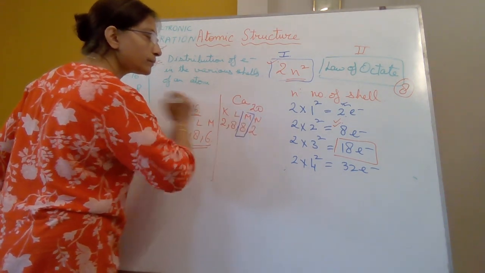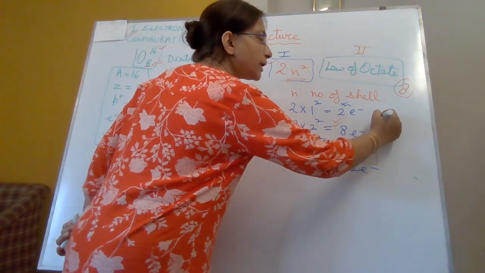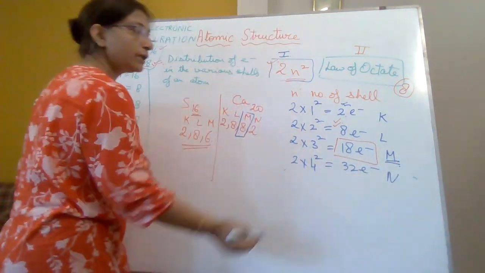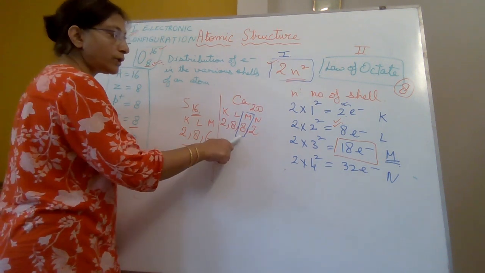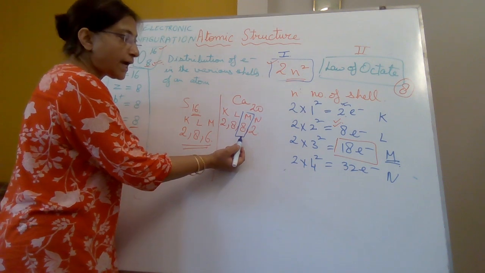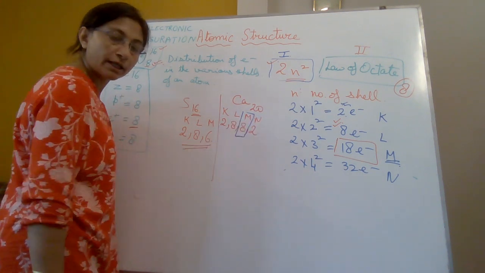यहाँ हमने क्या बोला कि K, L, M, N में M shell में 18 electrons maximum can be accommodated. But what are we doing here? Here we are accommodating only 8 and 2 electrons have been written in the N shell. ऐसा क्यों?